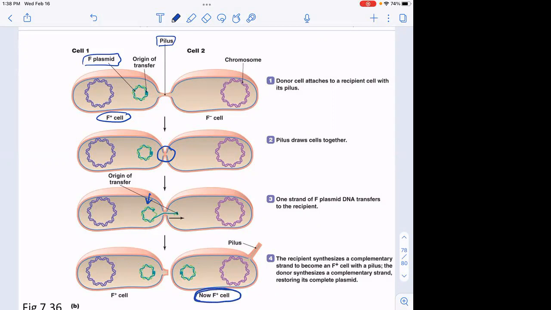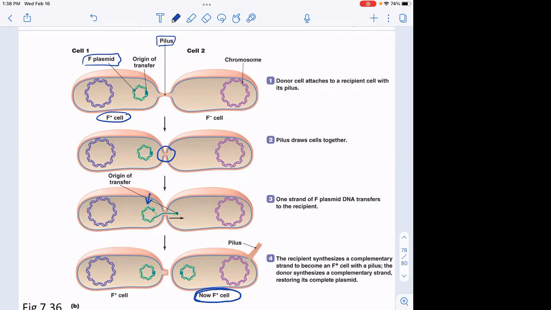So the "so what" here is that F+ cells often are not just transferring their fertility plasmid. This can be a mechanism to transfer other plasmids as well, like an antibiotic resistance plasmid. So we think that this is one of the more common mechanisms that a cell might share its ability to survive in the presence of some antibiotic.